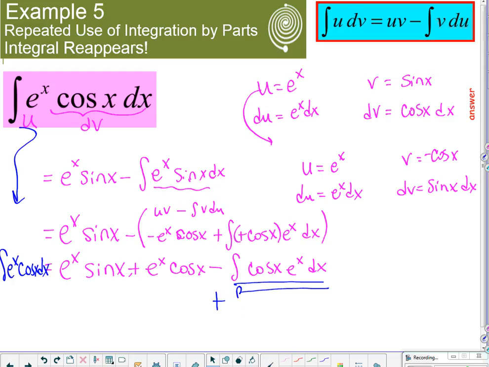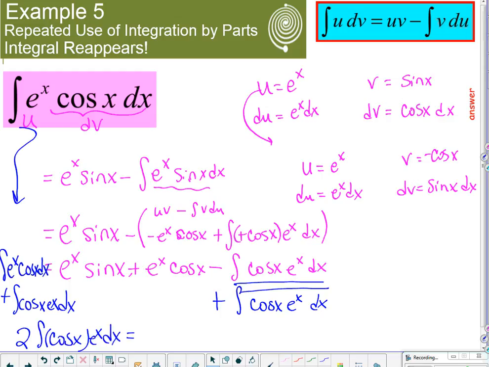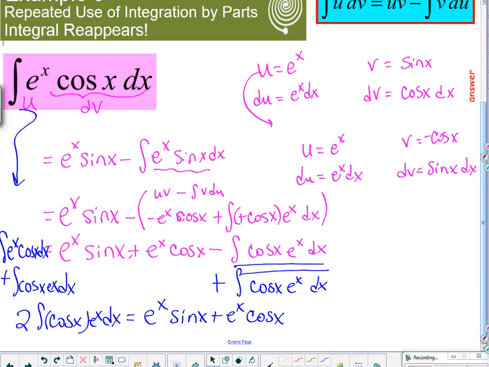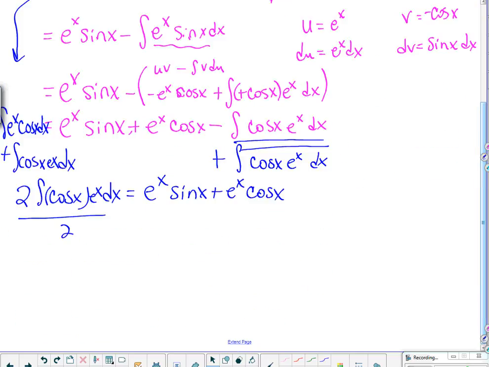So we'll bring like terms together by adding it to both sides, giving us two integrals of cosine x e to the x dx, and that is equal to e to the x sine x plus e to the x cosine x. Finally, last thing we have to do is divide everything by 2. Divide by 2, and we have our answer.